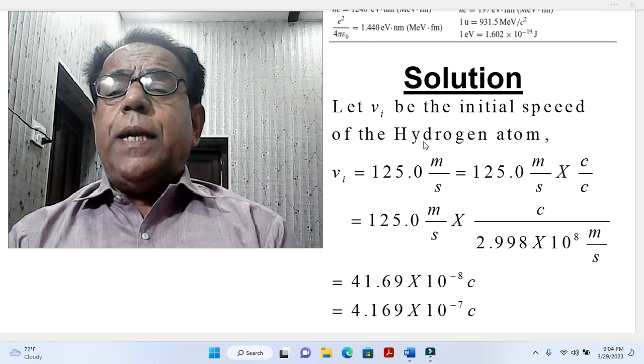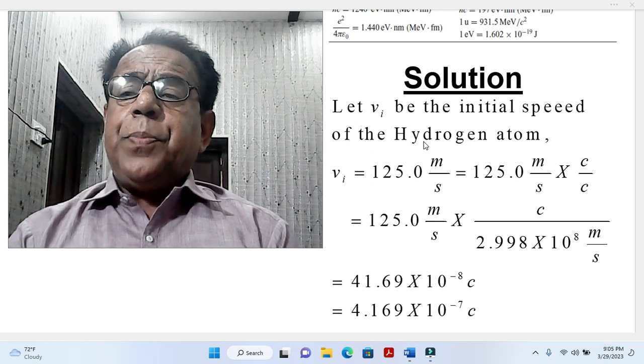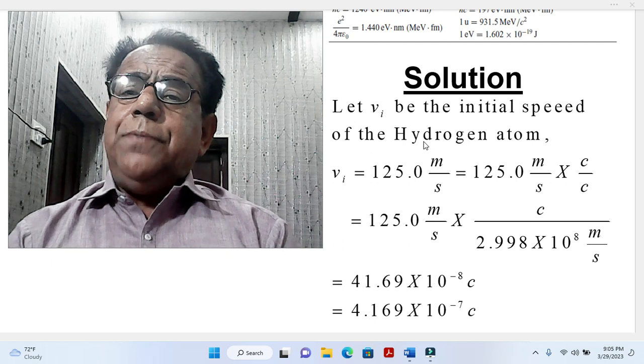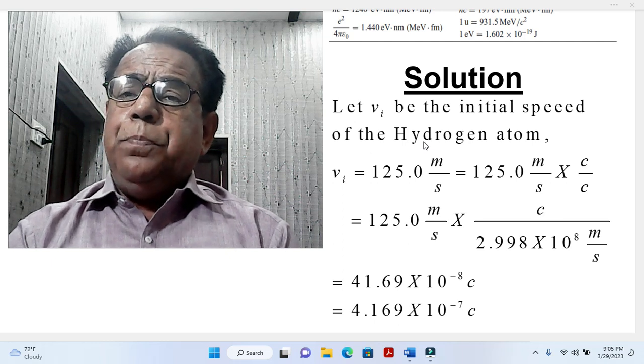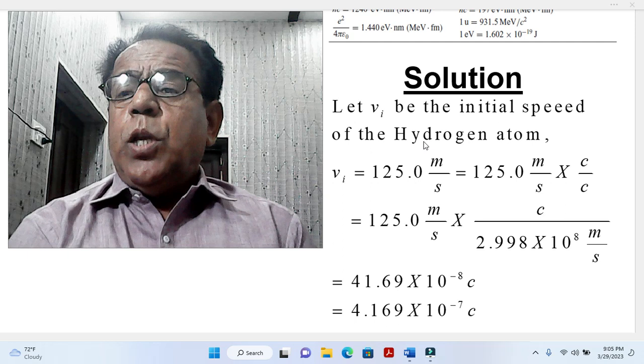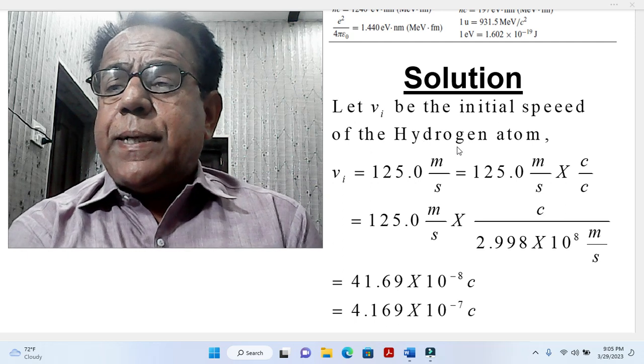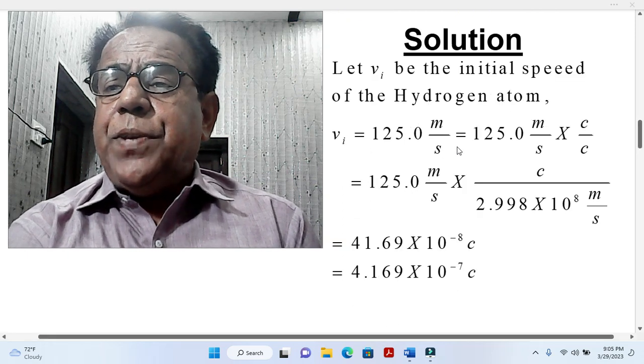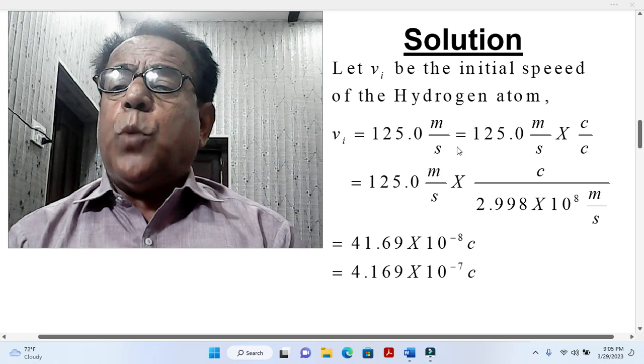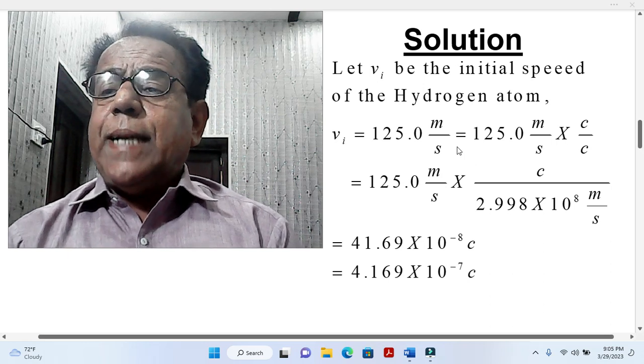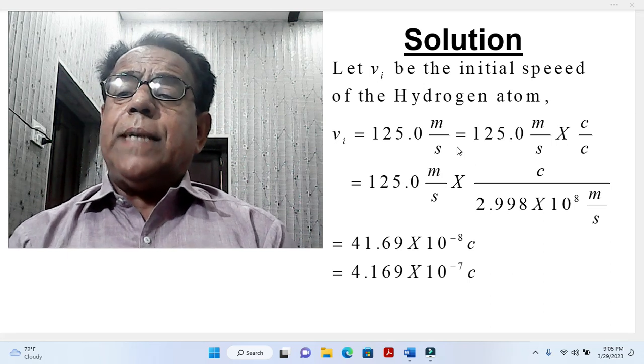In the numerator c will remain c, but in the denominator c will be replaced in terms of meter per second. By making this arrangement, vi becomes equal to 4.169 times 10 to power minus 7 c.